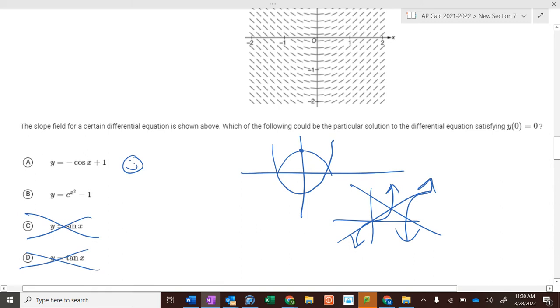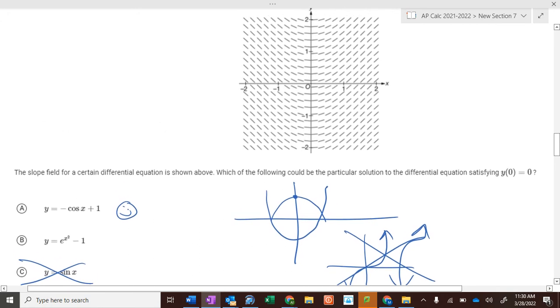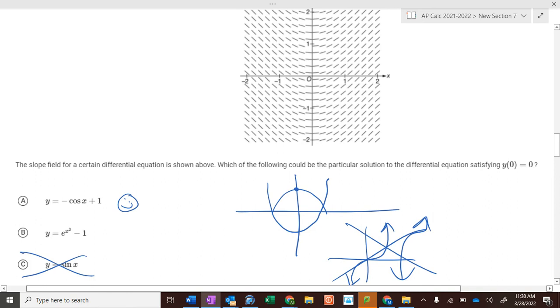All right, so if we plug in a 0 for this one, what's 0 squared? 0. And e to the 0 is 1. 1 minus 1 is 0. So if you put in a 0 for x, you should get a horizontal line. Well, that's kind of for everything there.